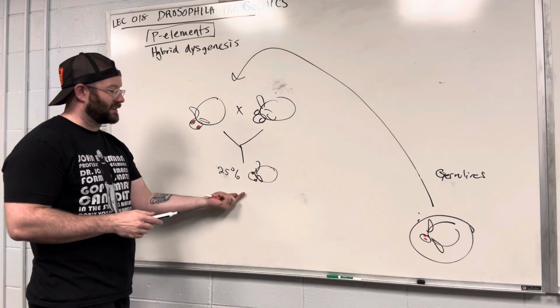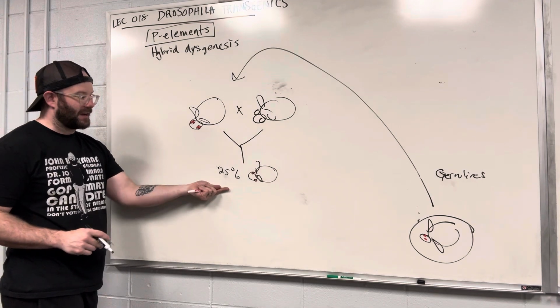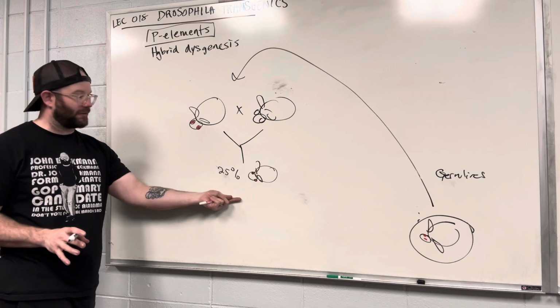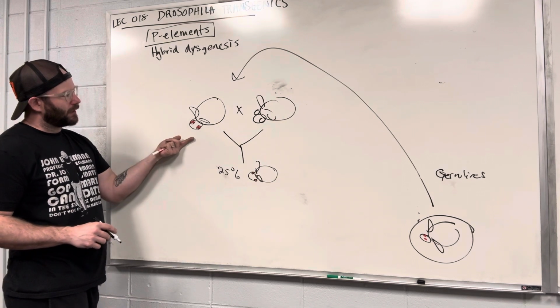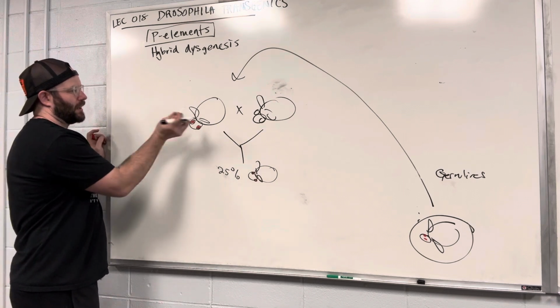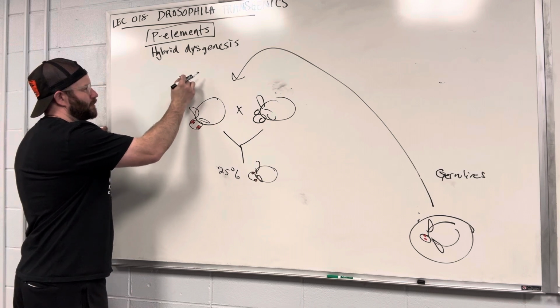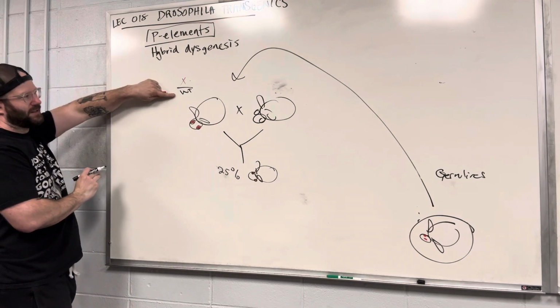So in this case, if 25%, that means the transgene is not homozygous, it's heterozygous. So remember, Drosophila are diploid. So the genotype of this would be transgenic X over wild type. So this is one copy and a second copy.